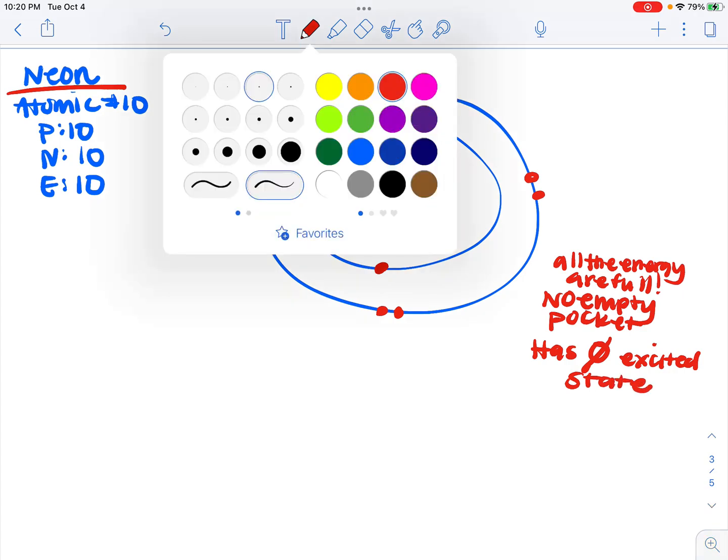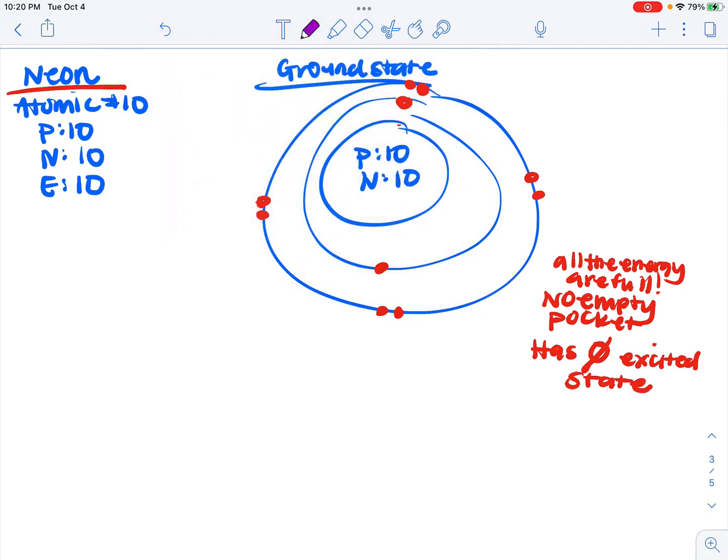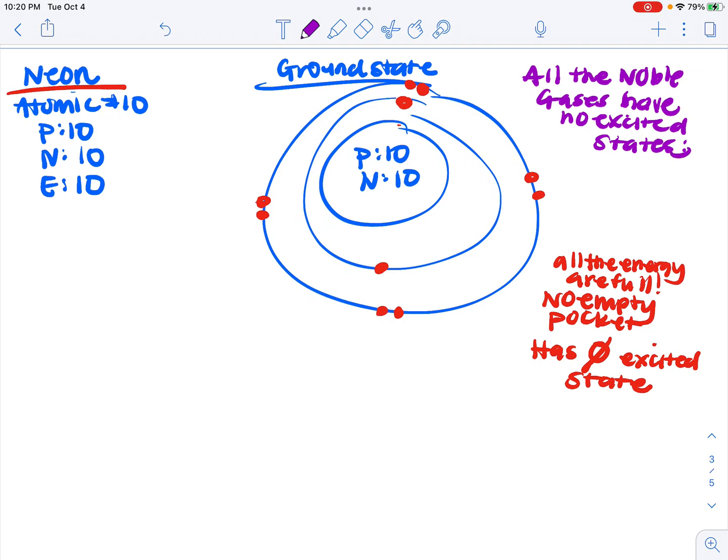So just be careful with these. It's really easy to distinguish these. It's all the noble gases. So we went over the periodic families. All noble gases have no excited states. So that's helium, neon, argon, krypton, xenon, radon, and element 118.